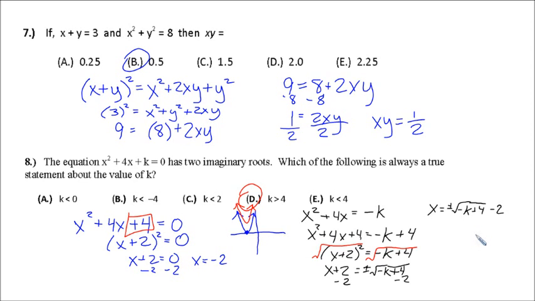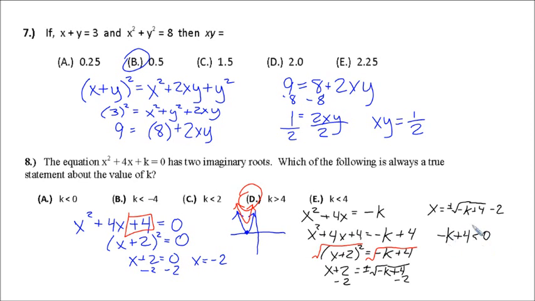If we want this to have imaginary roots, we need this expression that's underneath the square root to be a negative, so we could set up an inequality. We need this negative k plus 4 value to be less than 0.